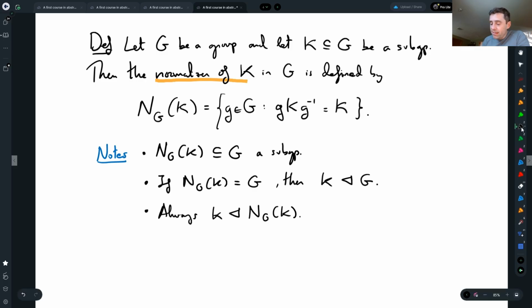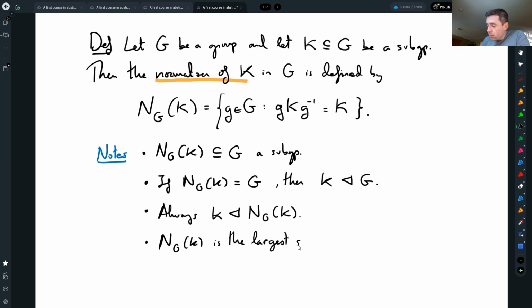And last, in fact, the normalizer is the largest subgroup of G that contains K and K is normal in it.